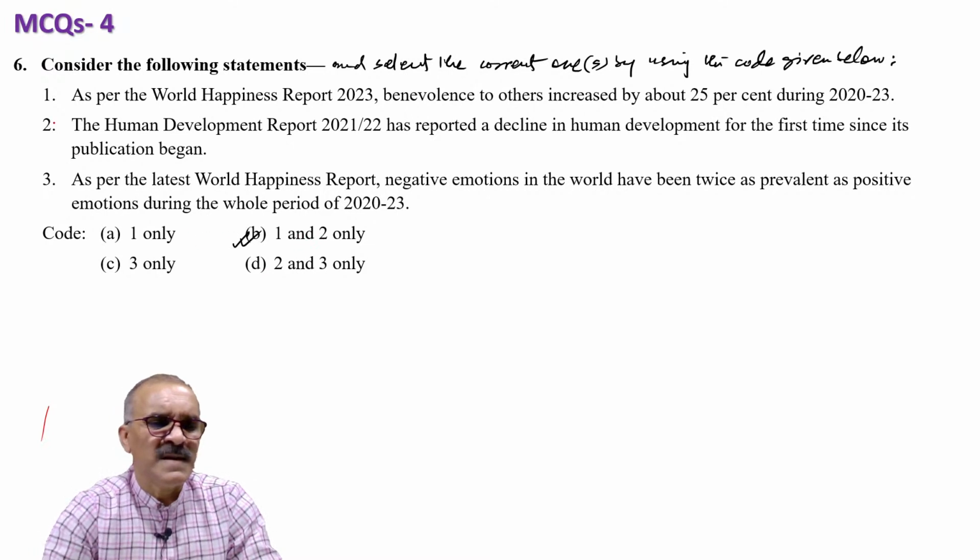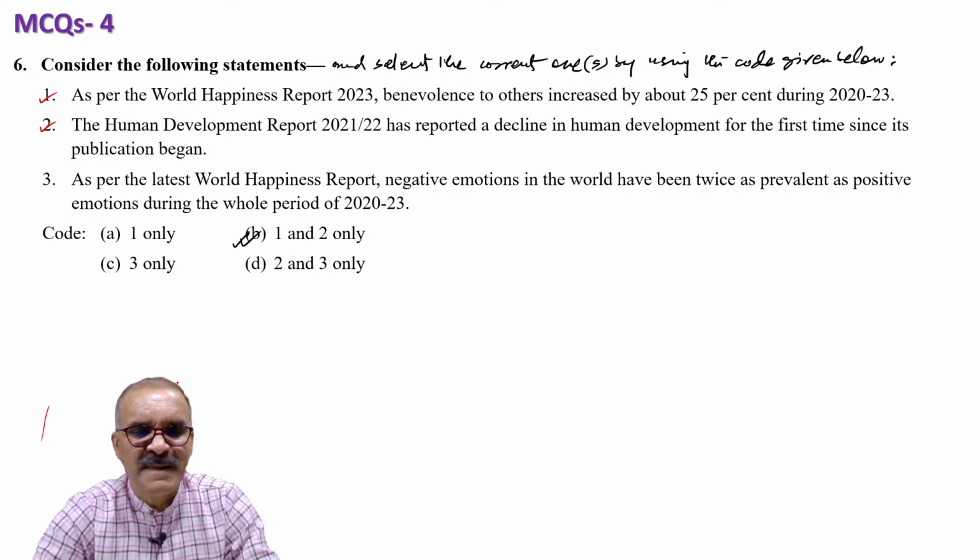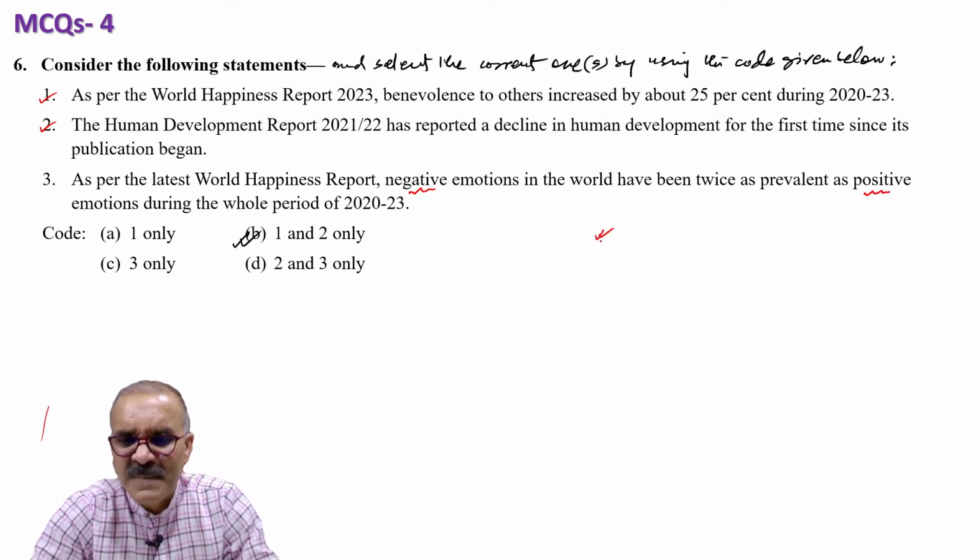It means statement 1 and 2 are correct, but statement 3rd is wrong. If you put positive here and put negative here, then this statement will become correct. It is very surprising that during the pandemic period 2020-2023, the people were surveyed about their negative and their positive emotions.